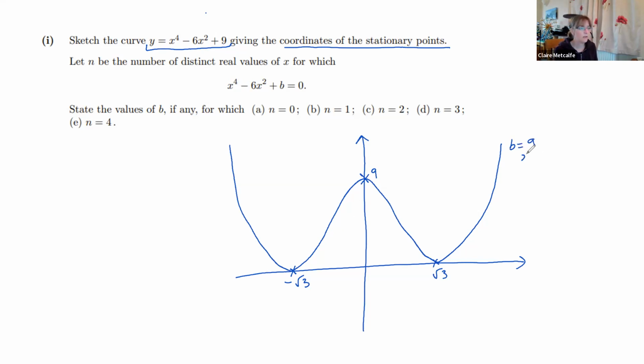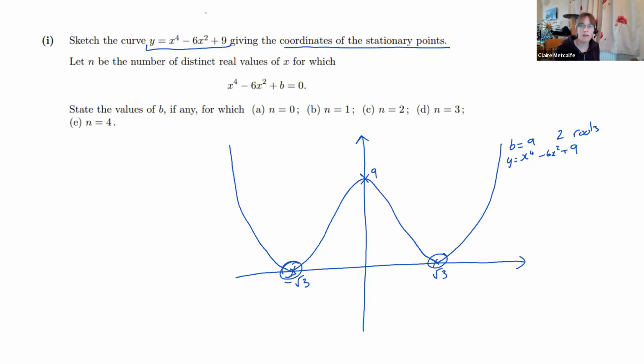We've got y equals x to the power 4 minus 6x squared plus 9. And when this equals 0, we've got 2 places where this equals 0, here and here. So we've got 2, and I'm going to call them roots. That's basically solutions of this equals 0.